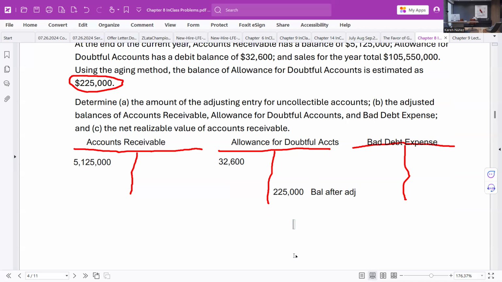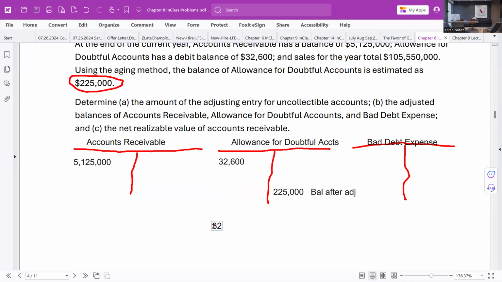After we adjust this account, we're going to need a balance of $225,000. Well, how are we going to get that? The only way we're going to get from a debit balance of 32,600 to a balance of 225 is by adjusting the account for this amount.